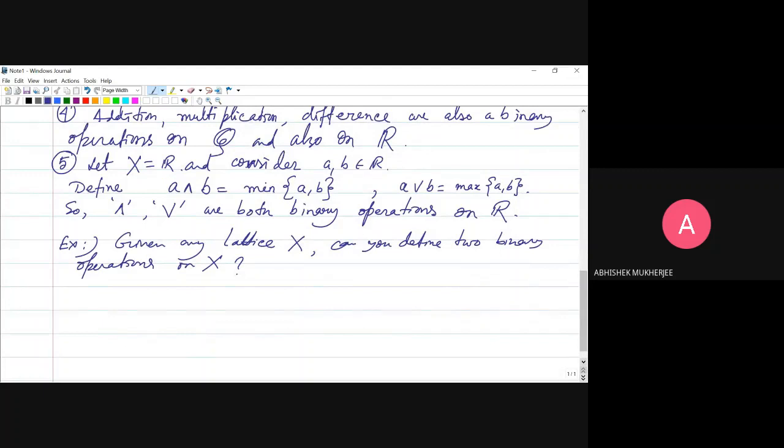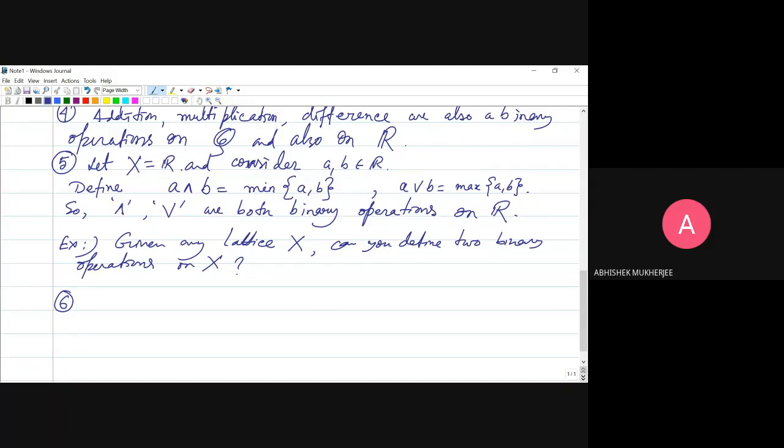Now the next example is also an interesting one, because again we go back to the basic facts of number theory, that given any two integers, you can always define two objects, right? What are those?